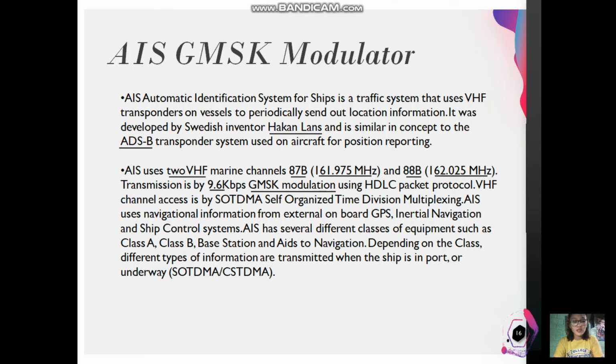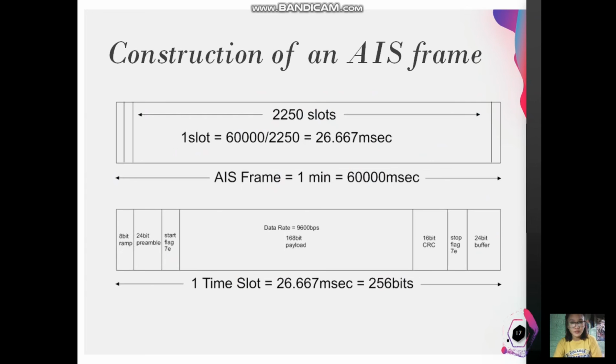It also uses SOTDMA. There are different classes of stations, Class A and Class B, and some of these classes do not use SOTDMA. They use, let's say, carrier sense time division multiple access.